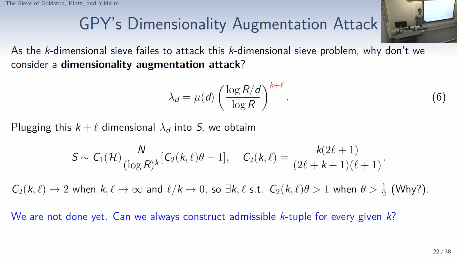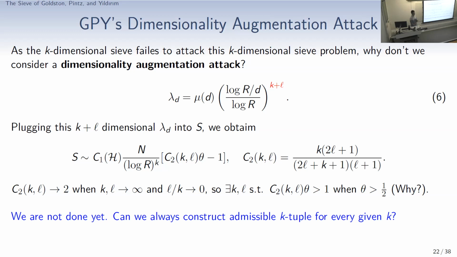So this limit tells us that for any epsilon greater than 0, we can choose k and L such that this quantity is greater than 2 minus epsilon. Because the limit is 2, we can choose some k and L values to make this greater than 2 minus epsilon. So 2 minus epsilon multiplied by theta and then minus 1.